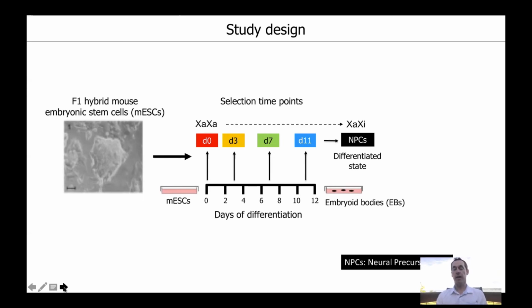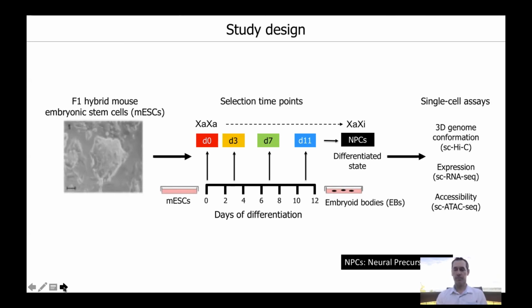Then from the day 11 cells, MPCs were clonally derived, and these represented the fully differentiated state where it is known that one X chromosome had been activated. And then from the samples, we conducted single cell Hi-C, single cell RNA-seq, and single cell ATAC sequencing.